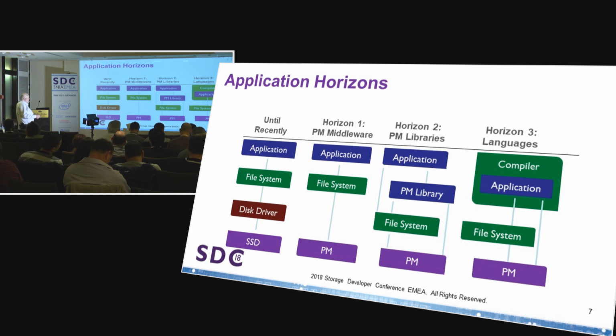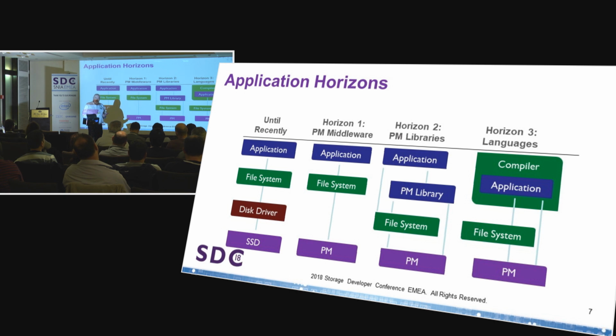This completely hides the fact that you're using persistent memory from the application because it's using file system semantics. But you can enhance that by putting in this persistent memory library, and I'll talk about those, such that if you want to change your code to take advantage of memory access, byte addressability of the persistent memory, you can use a persistent memory library along with your file system to accelerate those parts of your application that really need this very low latency, high throughput mechanism.